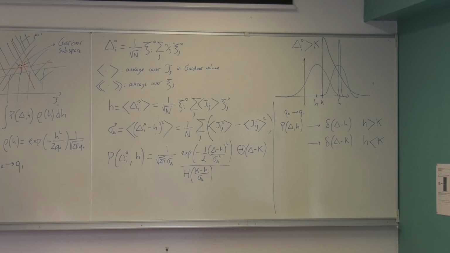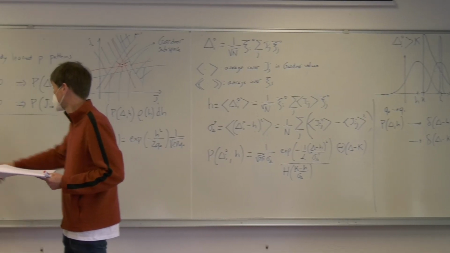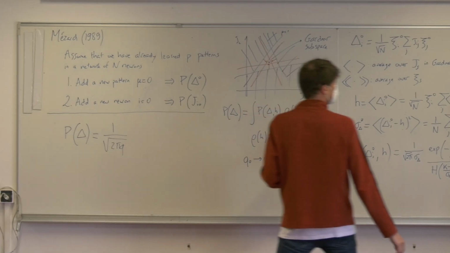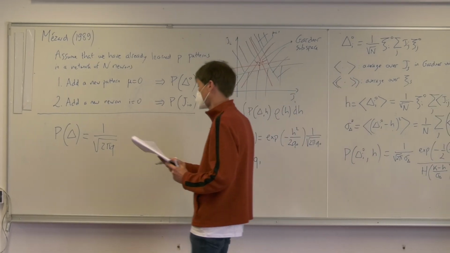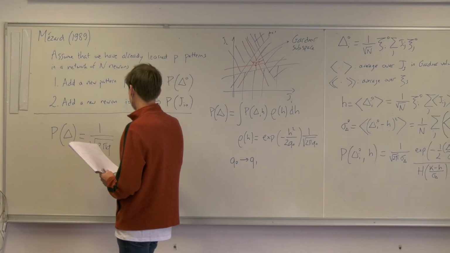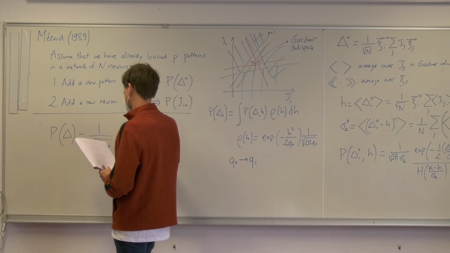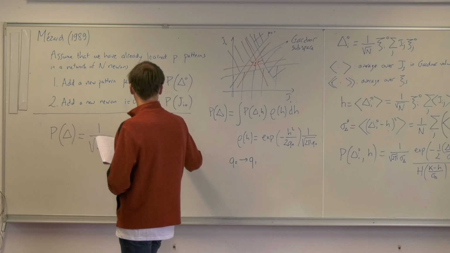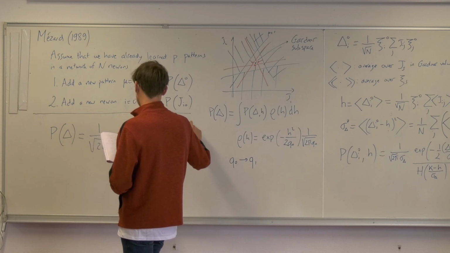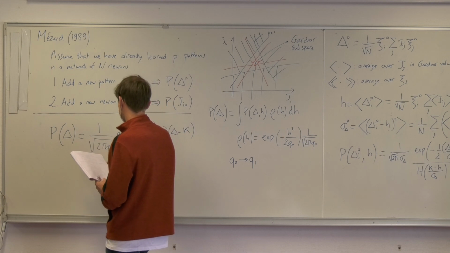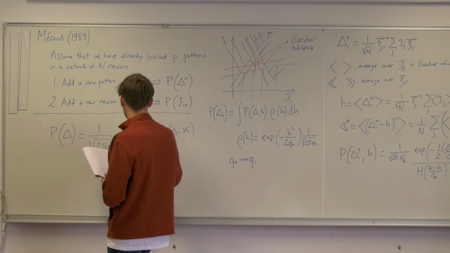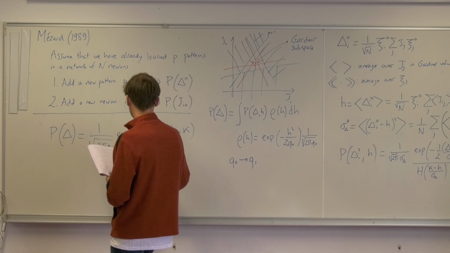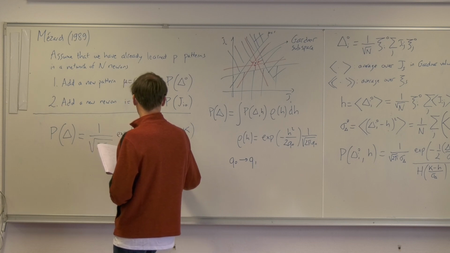Now I just have a single Q that I will call Q. Q0 becomes equal to Q1 equal Q. P of delta is the exponential of minus delta square over 2Q, eta of delta minus K, plus H of minus K, divided by the square root of Q delta.